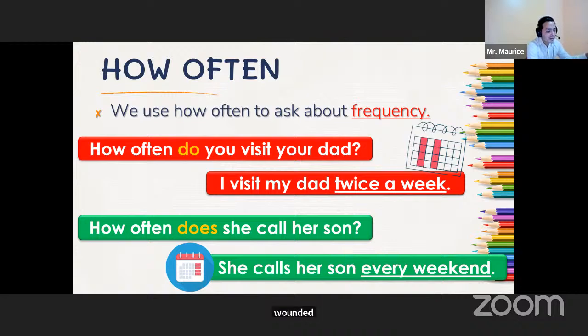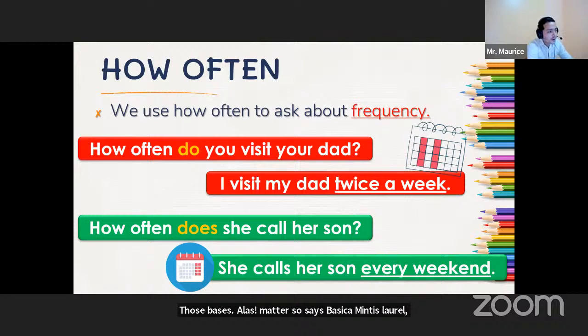Take a look at the question number one. How often do you visit your dad? ¿Cuán a menudo visitas a tu padre? En la respuesta pues está subrayada la palabra twice a week, 2 veces a la semana. Entonces básicamente es la relación entre frecuencia, en este caso twice a week.